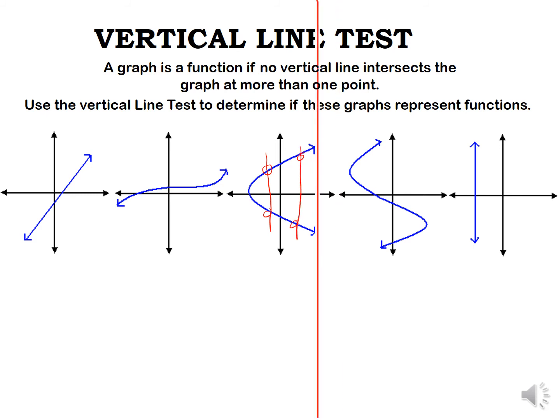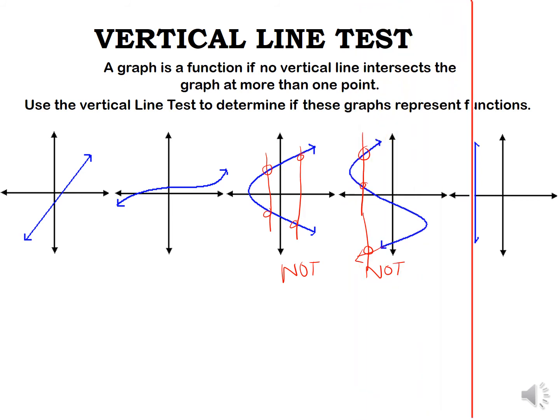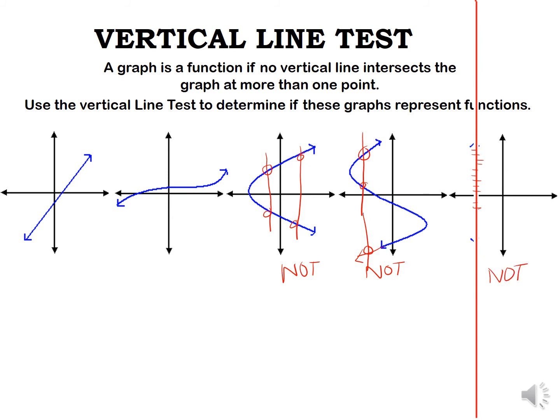Now we're going to try again, cross this one, and I could see that here, and notice that this goes on forever, so it actually intersected 3 times. So this one is not a function. This one is not a function. And remember I talked about vertical lines before? Well, a vertical line hits every point on the vertical line test, so a vertical line is not a function either.